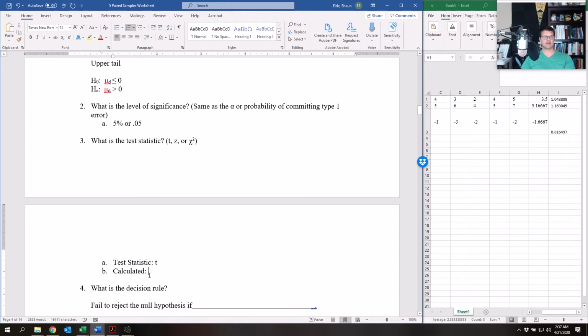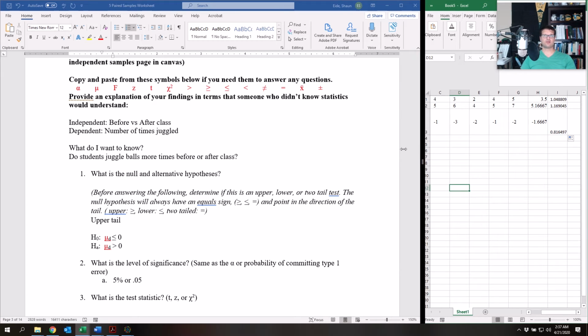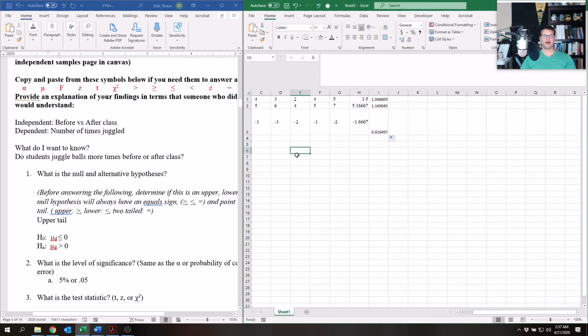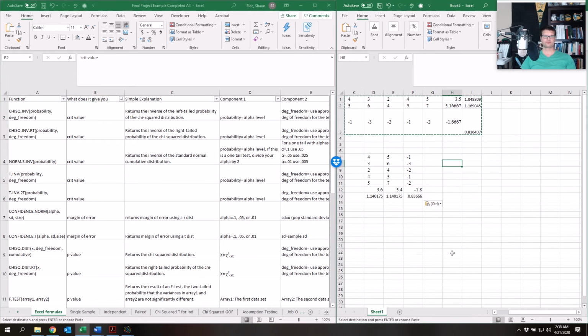So that's a really good question. For a calculated test statistic, there's a few ways to do this. First of all, I'm going to Control C, and then I'm going to paste, transpose. Okay, so I put together an Excel worksheet for you that has a whole bunch of Excel formulas.